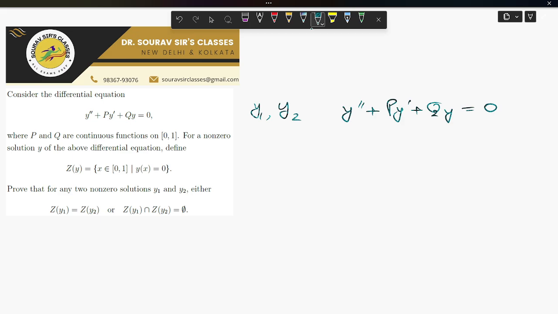So now the key observations of this question will be what? The linear independence and Wronskian will be the first.